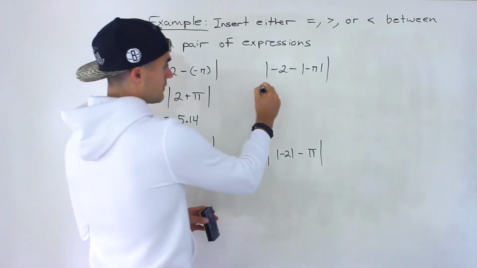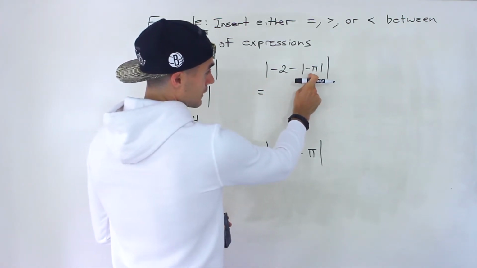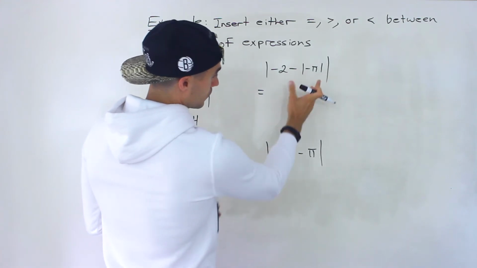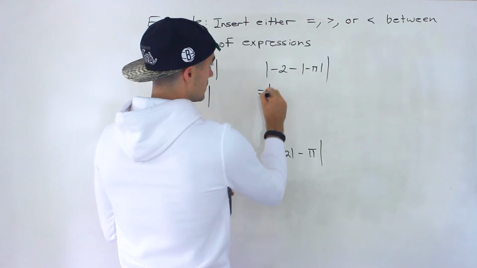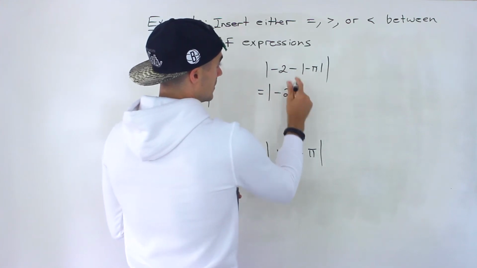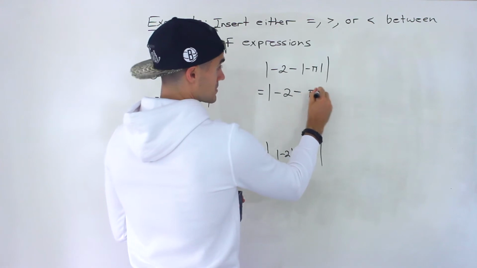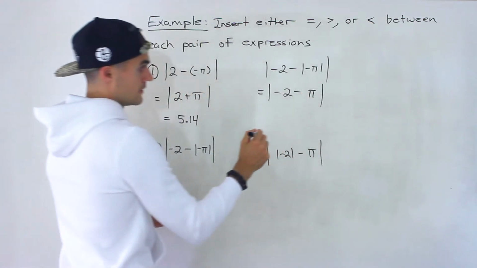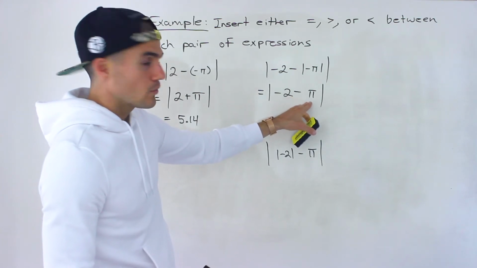This one here, we have the absolute value of negative 2 minus the absolute value of negative pi. So we want to work with the innermost absolute values first. The absolute value of negative pi would end up being positive pi. And so here we'd have negative 2 minus 3.14.